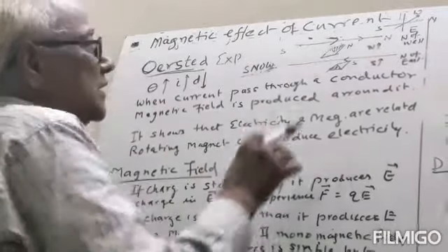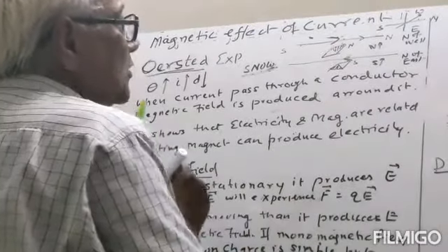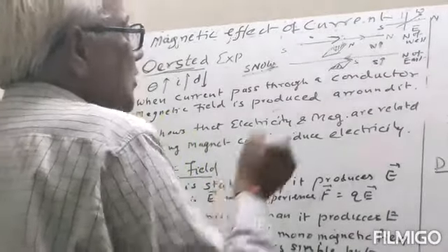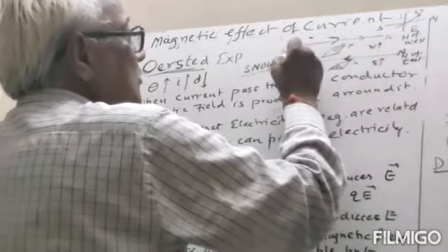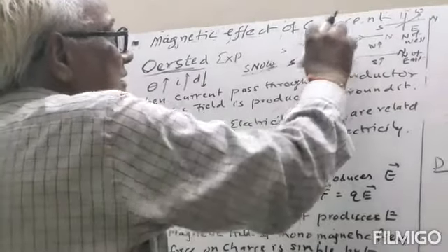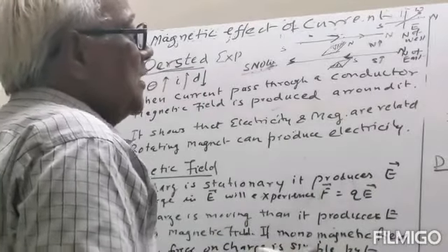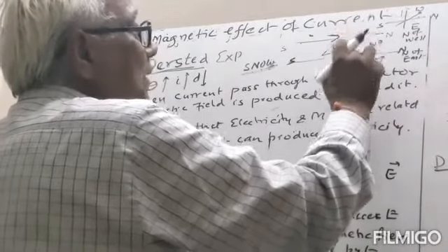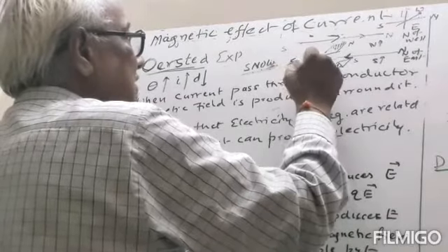Now if we reverse the current direction, means if the current is flowing from north to south, then the magnetic needle will show in the opposite direction, means here the north pole of this will be in this direction.